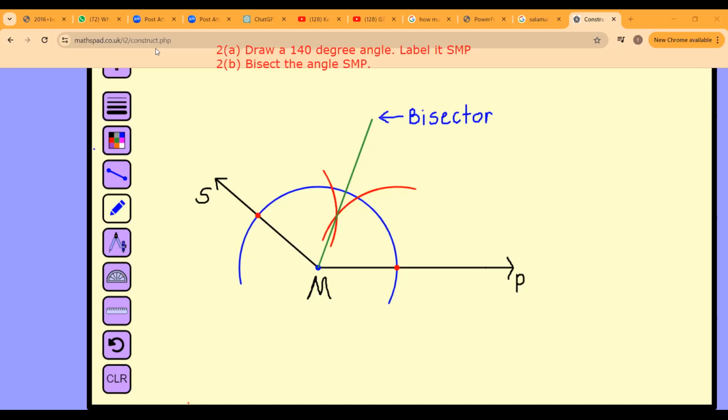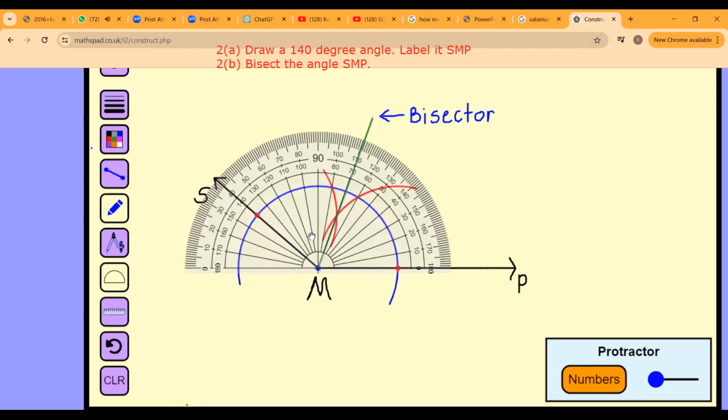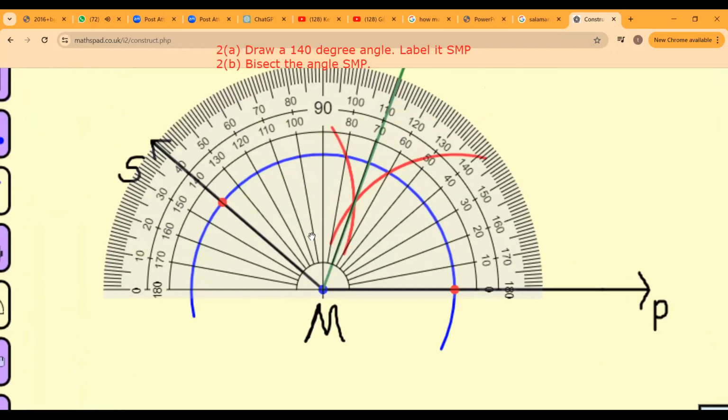So this is the next angle that we constructed, that we bisected. Let us take a measurement of this, right? So if it's 140, that means that from 0 to this green line should be 70. A tad bit off here.